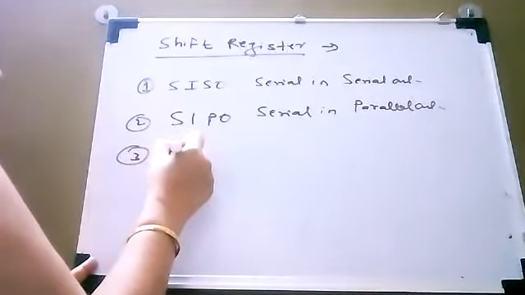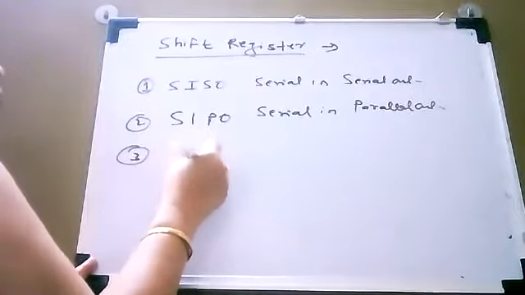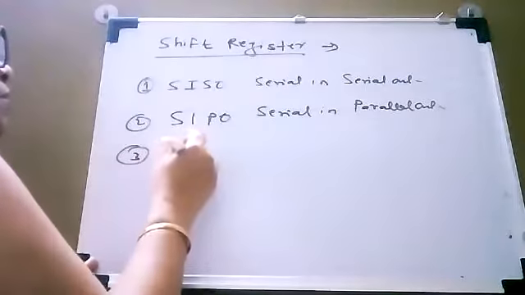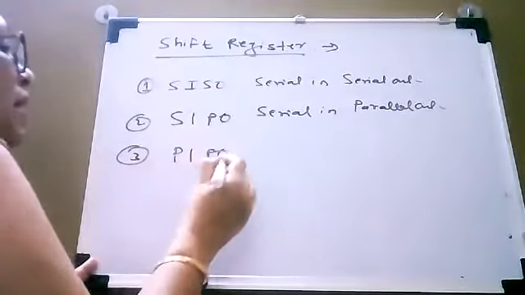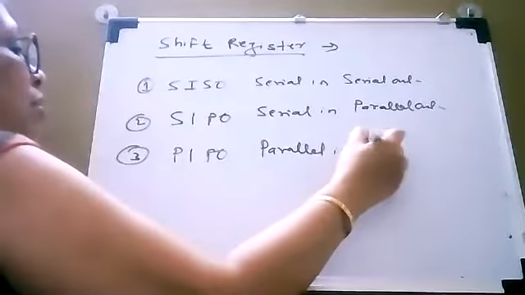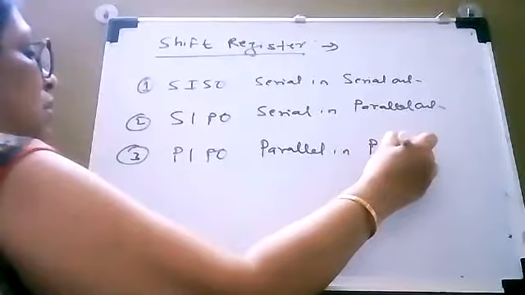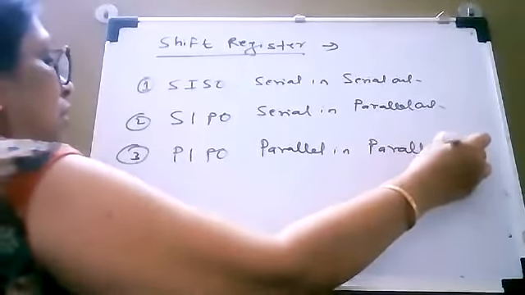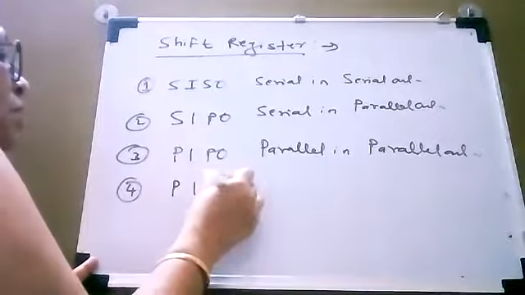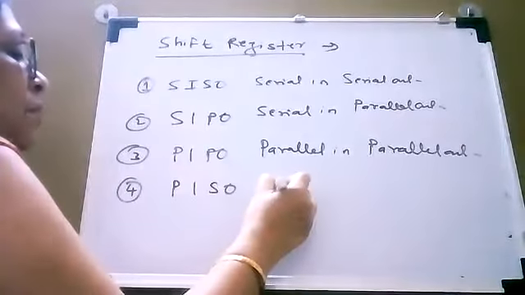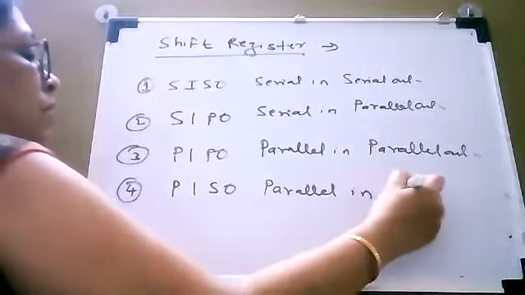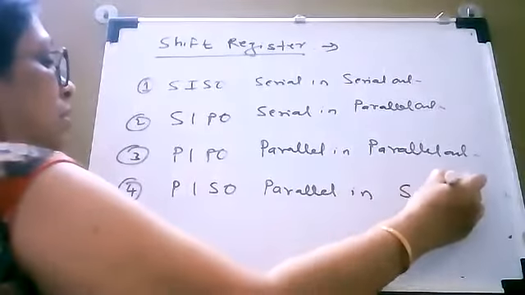Third is PIPO, that is parallel in, parallel out. And fourth is PISO, that is parallel in, serial out.